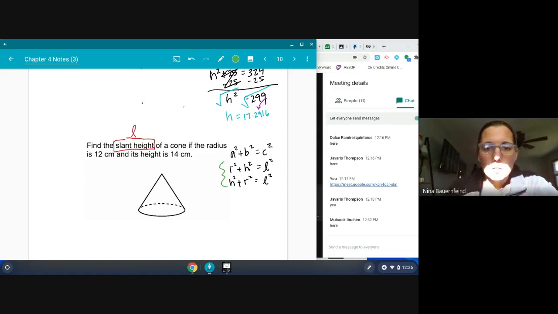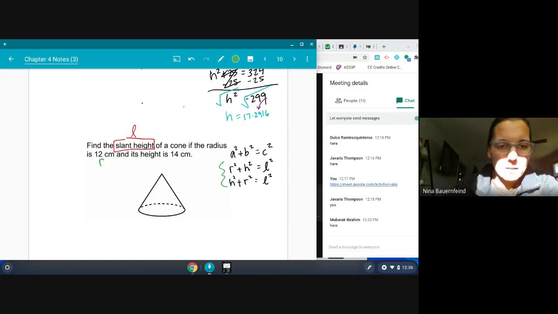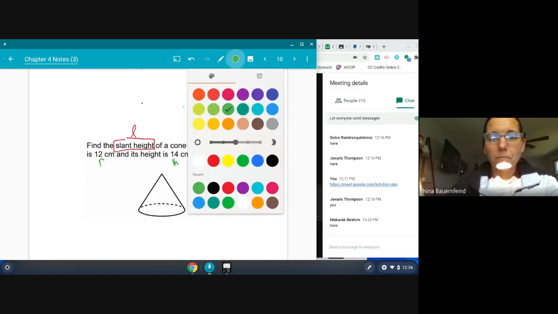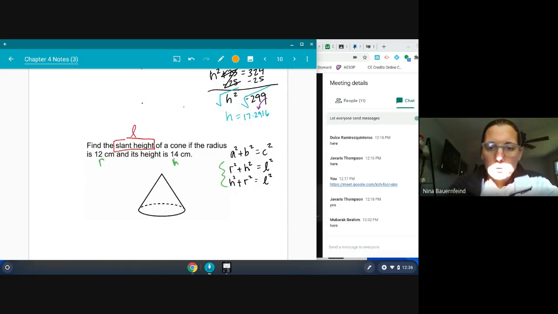It says the cone has a radius of 12, so that means this is R, and a height of 14, so that means this is H. Don't worry about the picture. It's just there in case you want the visual. But basically, we need to find the L. So we're going to do H squared, 14 squared, plus R squared, 12 squared, equals the slant height squared that we're looking for.